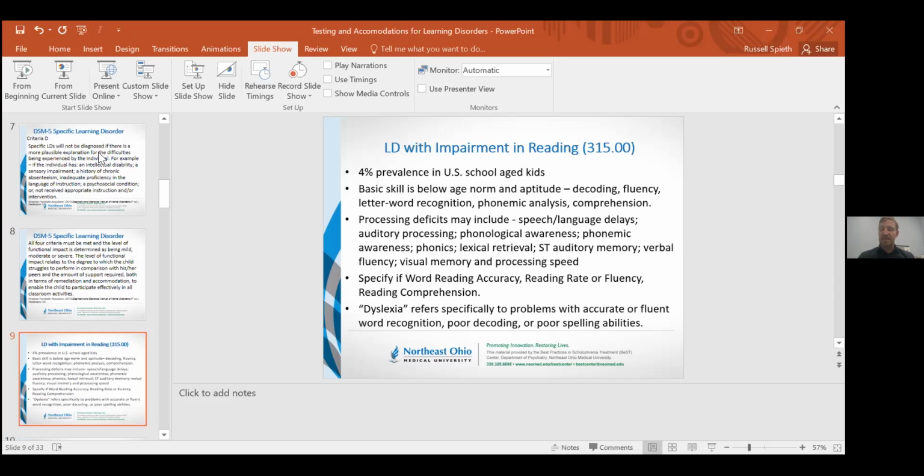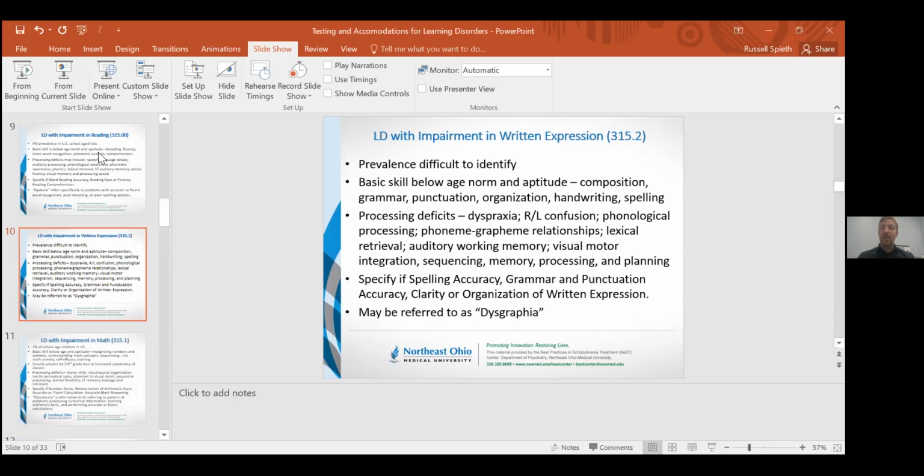Obviously, there are some distinct criteria to make that clear, but just to say that there is some overlap. There's also learning disorder with written expression. Prevalence is difficult to identify. It's also sometimes hard to disentangle written from reading disorder, because obviously there would be some overlap. I'm going to move on from that though.